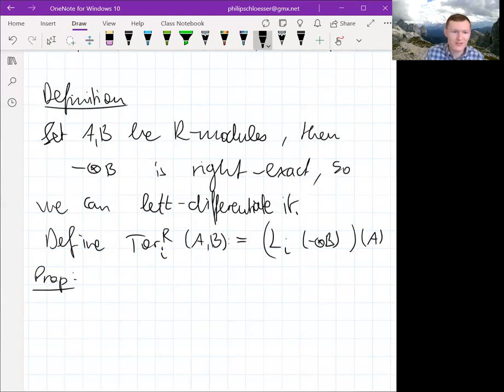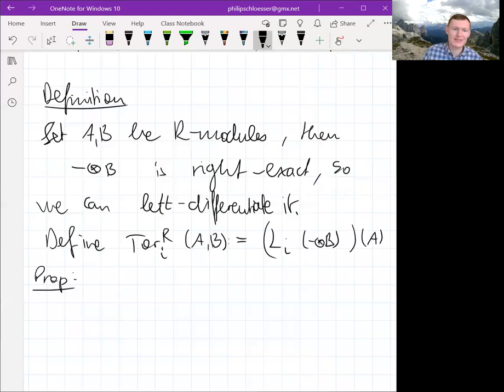So this functor, the Tor functor, is sort of important. It pops up in the universal coefficients theorem in algebraic topology, which tells you how to relate singular homology groups for different coefficient groups to each other. But whatever.